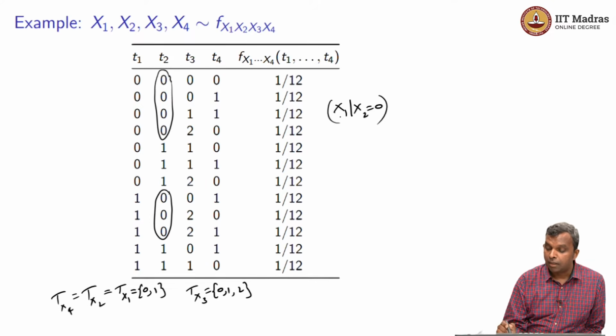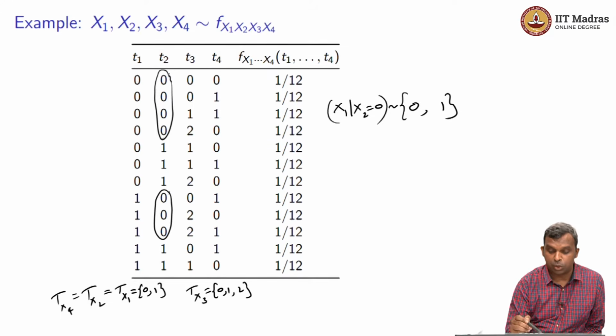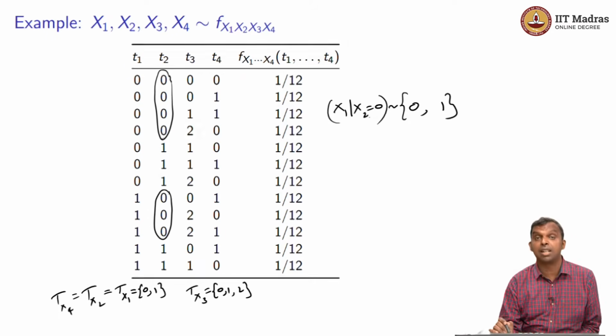So you look at how many cases you have where x1 equals x2 equals 0. If you look at this distribution, x1 takes two values, 0 and 1. Given that x2 is 0, I see that x1 takes value 0 sometimes, and value 1 sometimes. So you identify the range of the conditional random variable also.